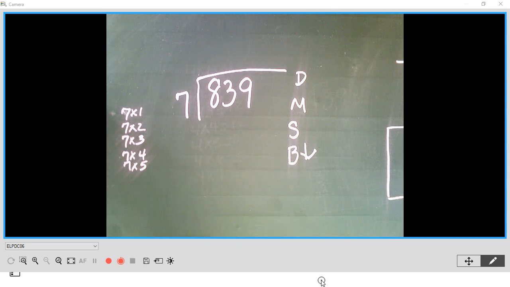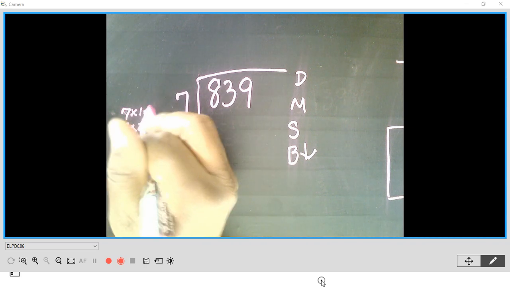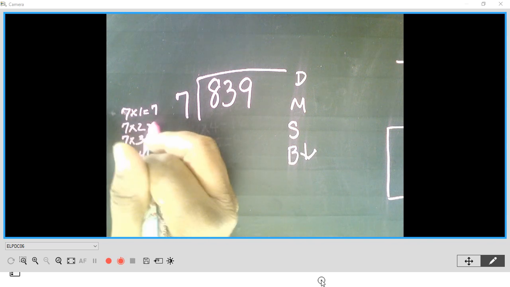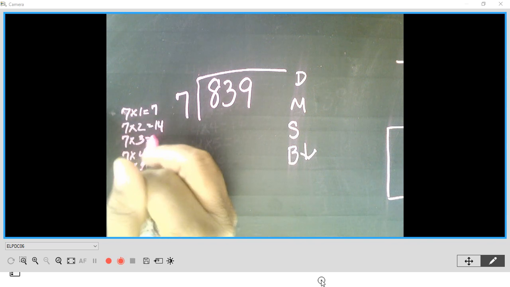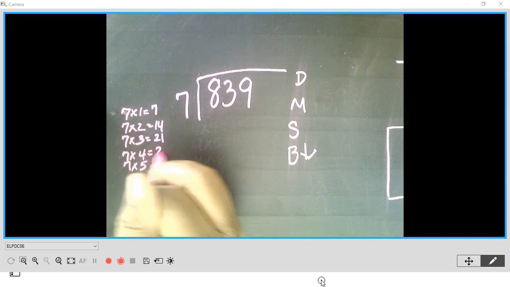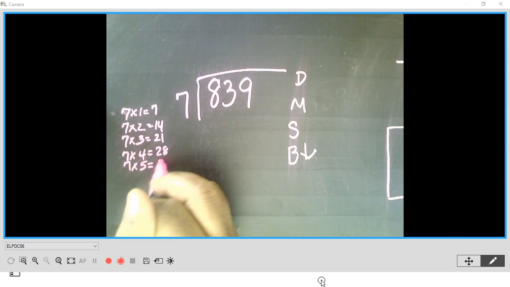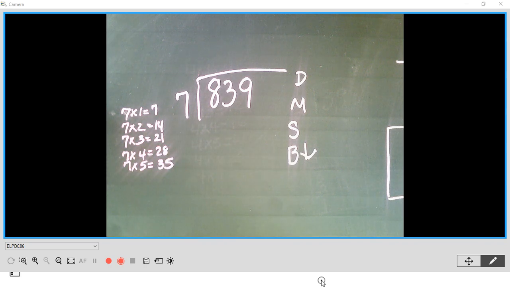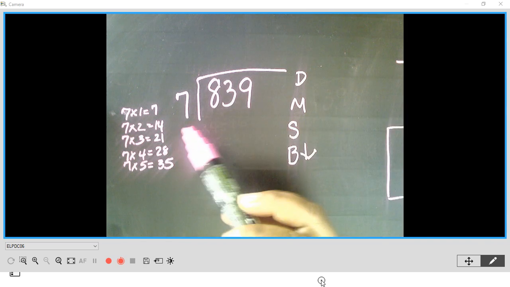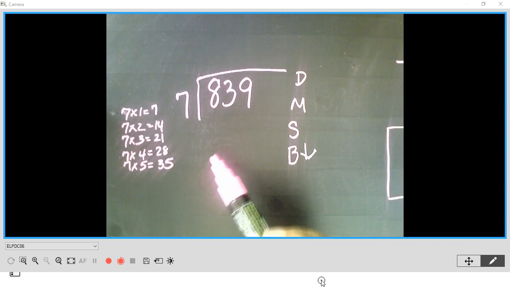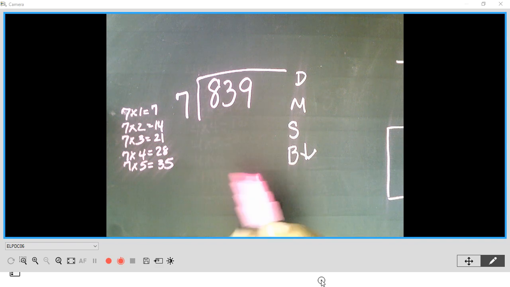I think that's as far as I'm going to go right now. So now I know I have 7, 14, 21, 28, and 35. Those are the multiples of 7.